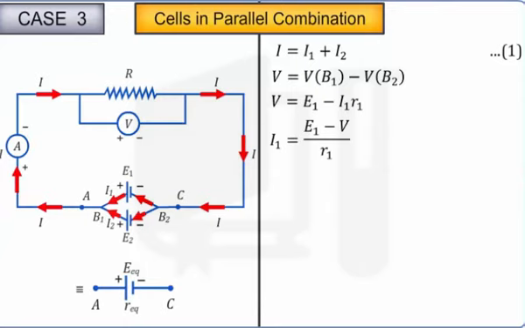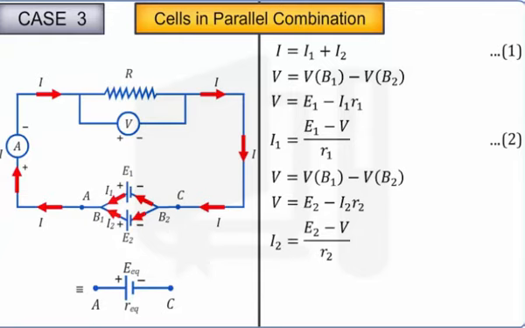Let this be equation 2. Similarly, taking points B1 and B2 to be across cell 2, we can write V is equal to VB1 minus VB2. V is equal to E2 minus I2 into R2. Rearranging the terms, we can write I2 is equal to (E2 minus V) divided by R2. Let this be equation 3.